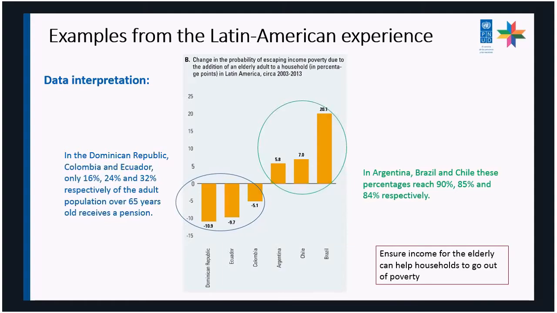Those households, when they cross the poverty line, are practically out of the scope of social policy, because social policy, as I said, has been focused only on poverty reduction.